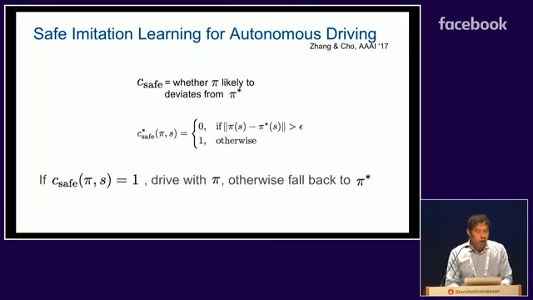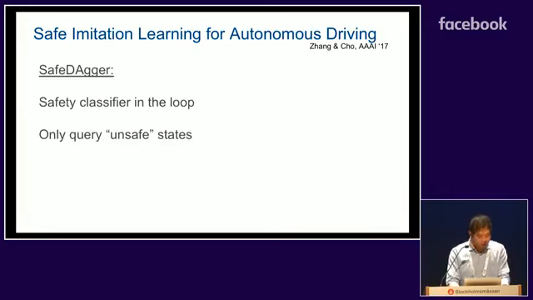And then the way to incorporate safety into training is pretty straightforward. The principle is, in the current state, if c_safe returns 1, then we drive using our current policy pi. Otherwise, the expert policy pi star will take over, and the current policy is considered unsafe.